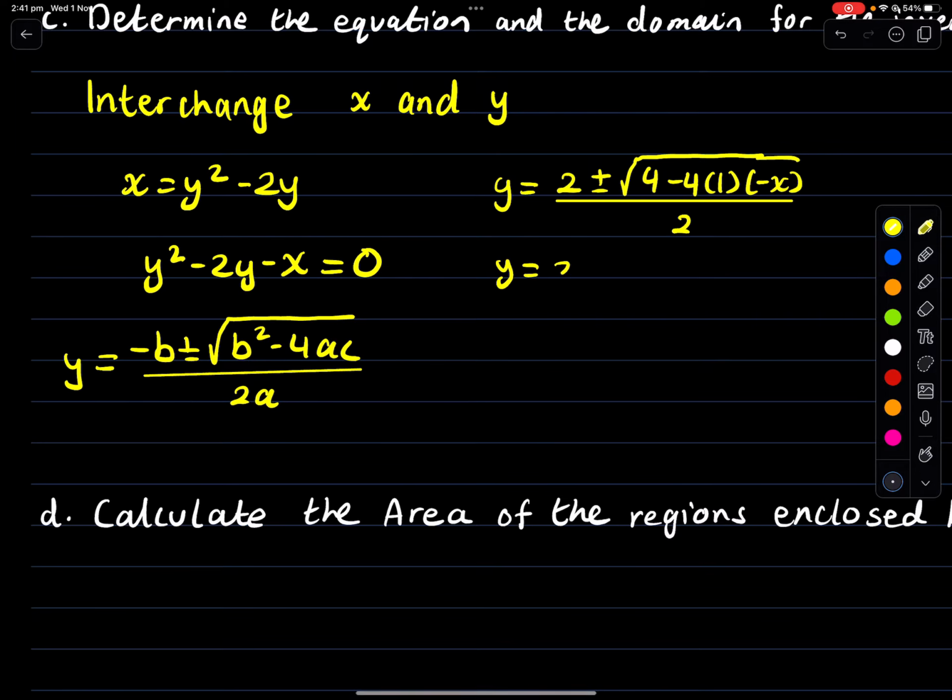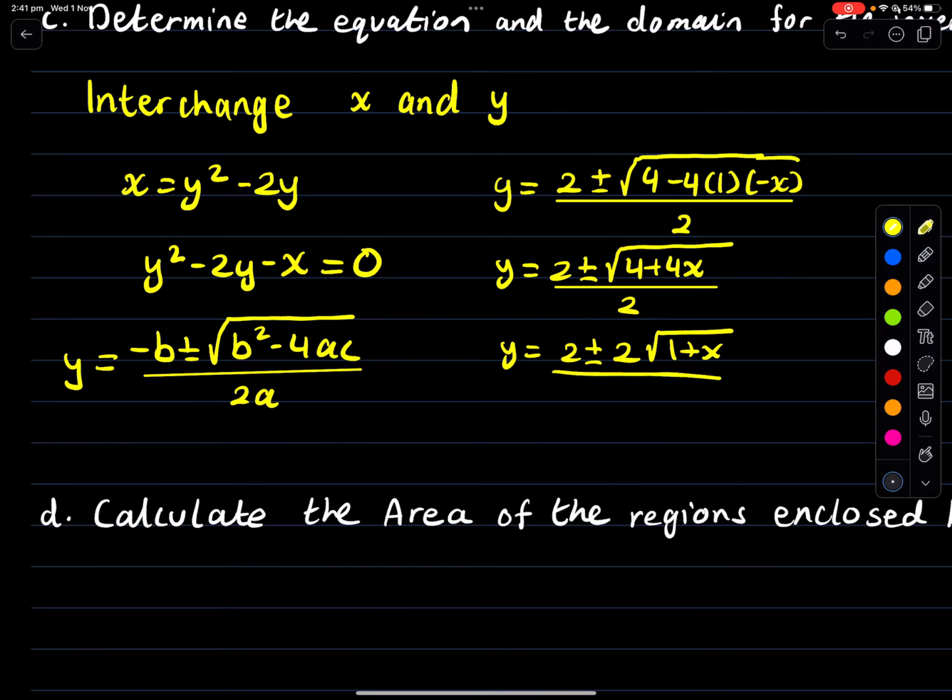So y is 2 plus or minus root of 4 plus 4x over 2, which is 2 times 1 plus or minus root 1 plus x, over 2.